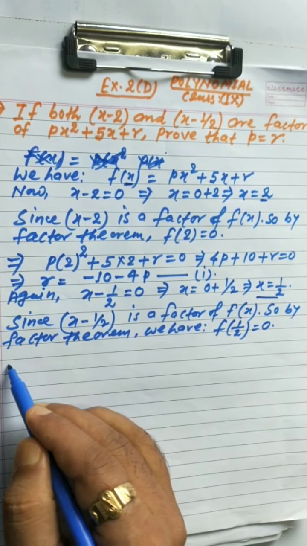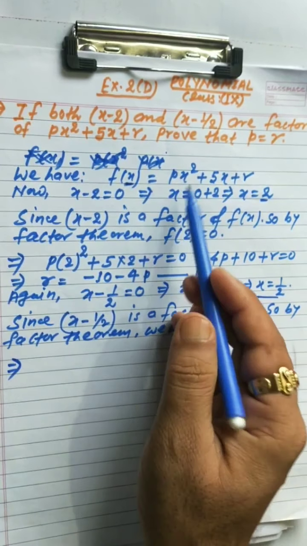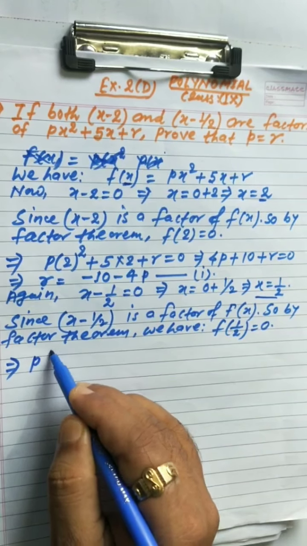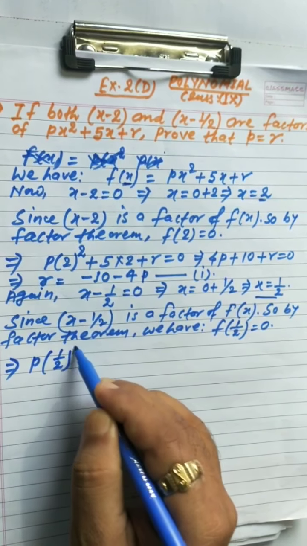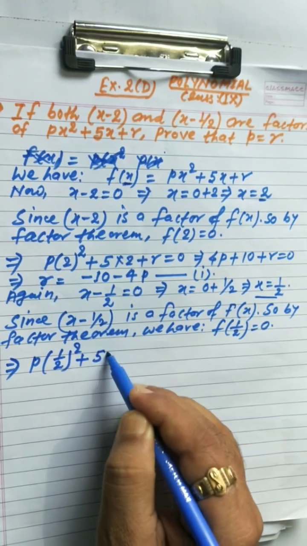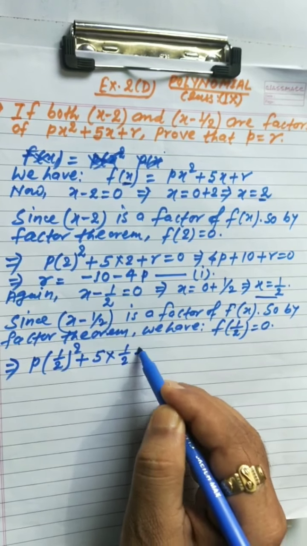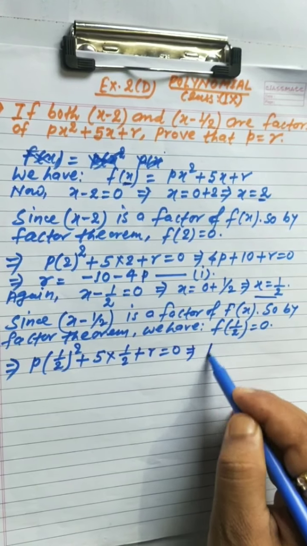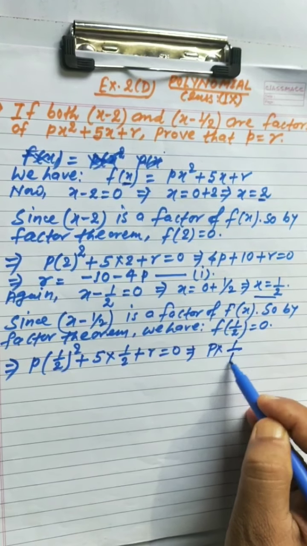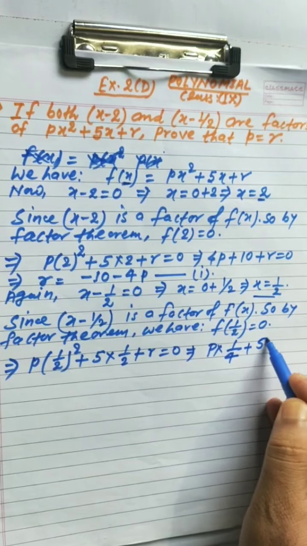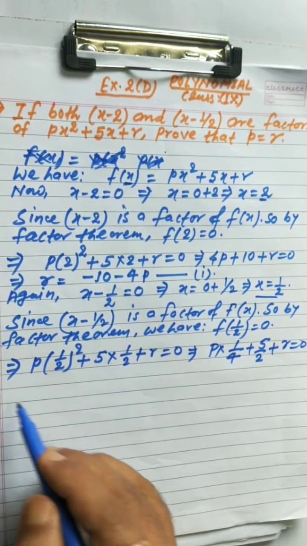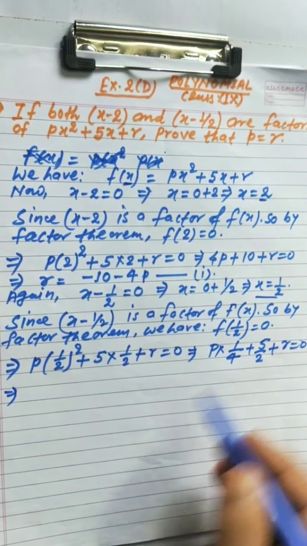So this implies that now replace every x by 1 by 2. So it will be 1 by 2 the whole square plus 5 into 1 by 2 plus r will be equal to 0. This implies that p multiplied by 1 by 4 plus 5 by 2 plus r is equal to 0. Now you can take the LCM.